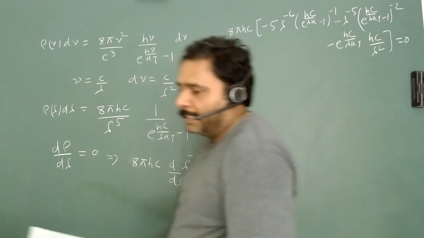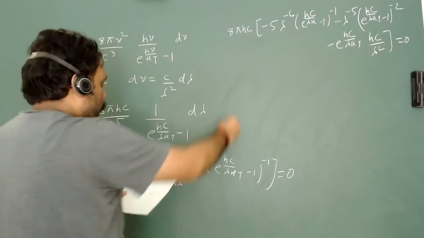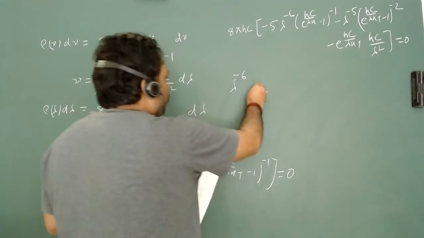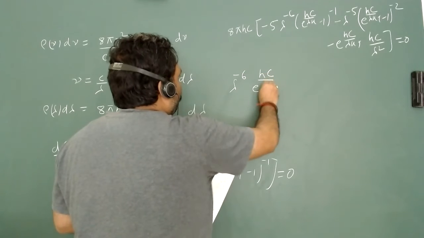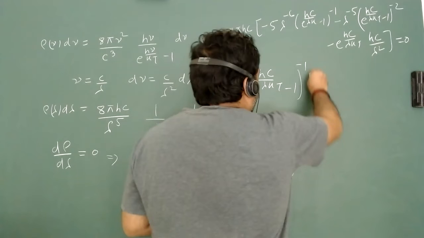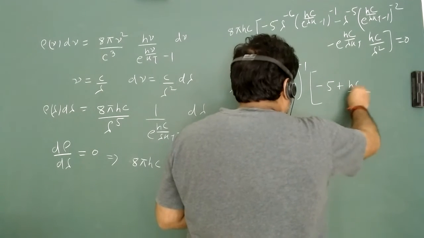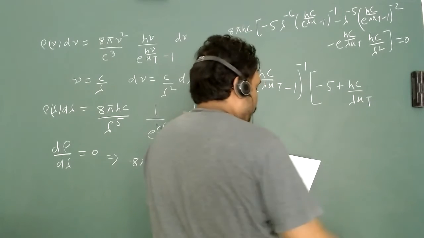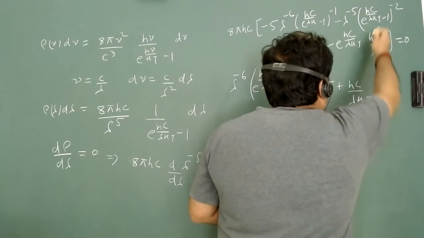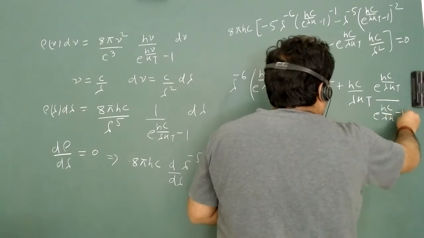What you can do is take something common, and the prefactor has no relevance because the right-hand side is 0. So we take lambda to the power minus 6 and e to the power hc upon lambda kT minus 1, to the power minus 1, common, and inside the bracket we have minus 5 plus hc upon lambda kT times e to the power hc upon lambda kT, divided by e to the power hc upon lambda kT minus 1.